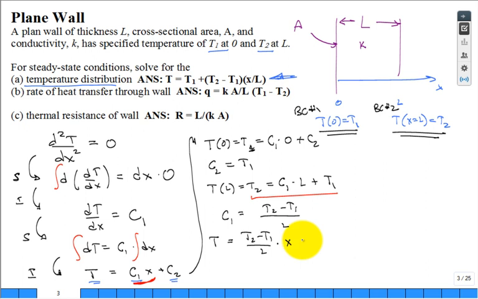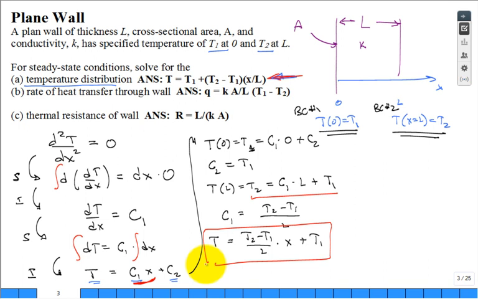And then we have plus C2, which was T1. I pause. This was what we said it was going to be. And we compare our work. And does it look okay? Thumbs up. Very good, thank you.